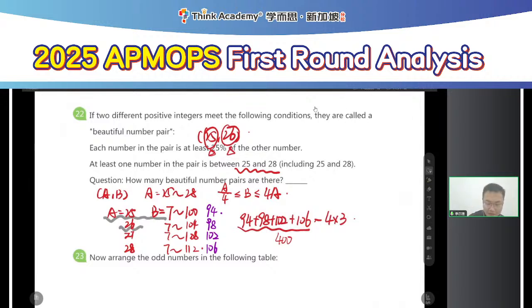Because 25 and 25, this one is not counted twice. This one is only counted once. It's only in the 25 group. But 25, 26 is counted both in the 25 group and the 26 group. So we should minus the extra. So the answer is 108. Sorry, not 108, it's 388. Right, 388. Maybe a normal question, but very easy to make mistakes.